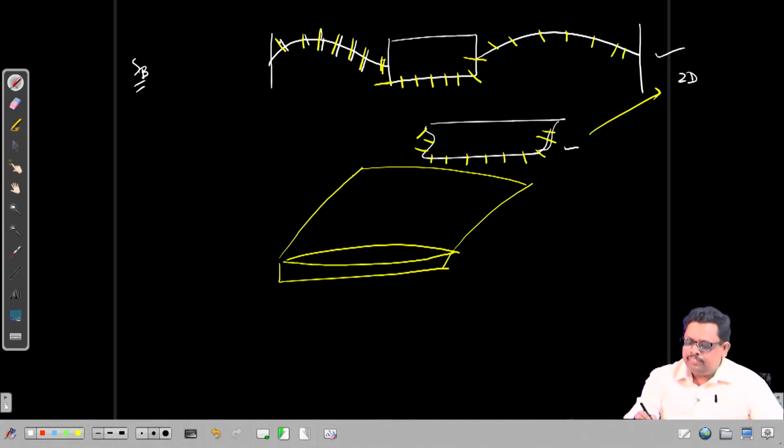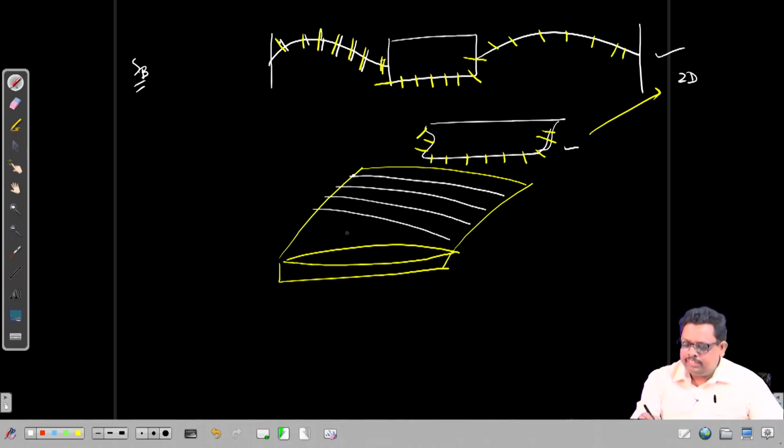Then you have to mesh the whole free surface, as well as discretize the body.